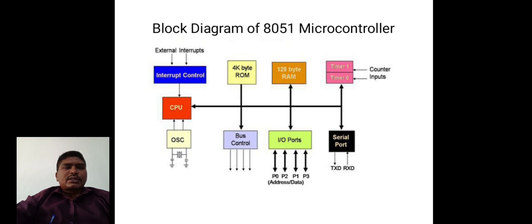Next one is bus control. If you take any processor or controller, there are two buses: one is the address bus and the other is the data bus. Here an 8-bit data bus is used, and the address bus is 16 bits wide.